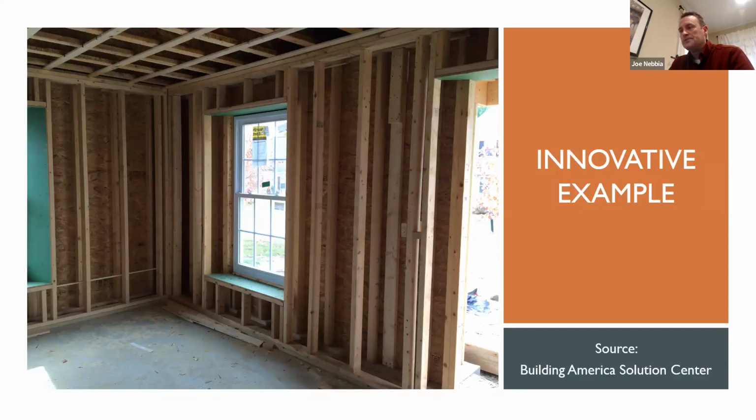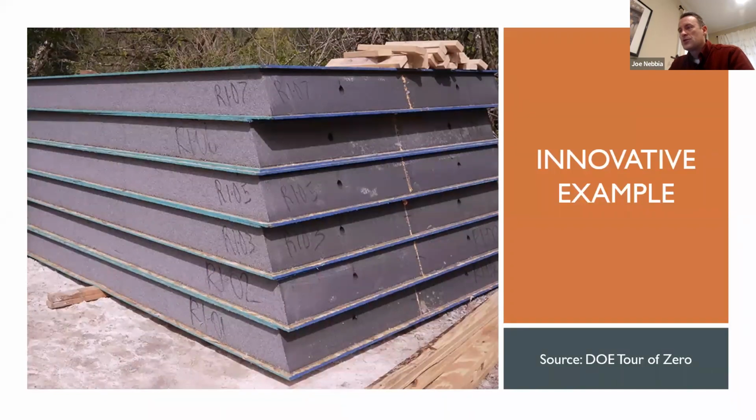Another picture of the double wall there. This is a structural insulated panel, or SIP, and that's where there's a rigid foam in between two structural sheathing components, and the structural components are sometimes plywood, OSB, magnesium oxide.